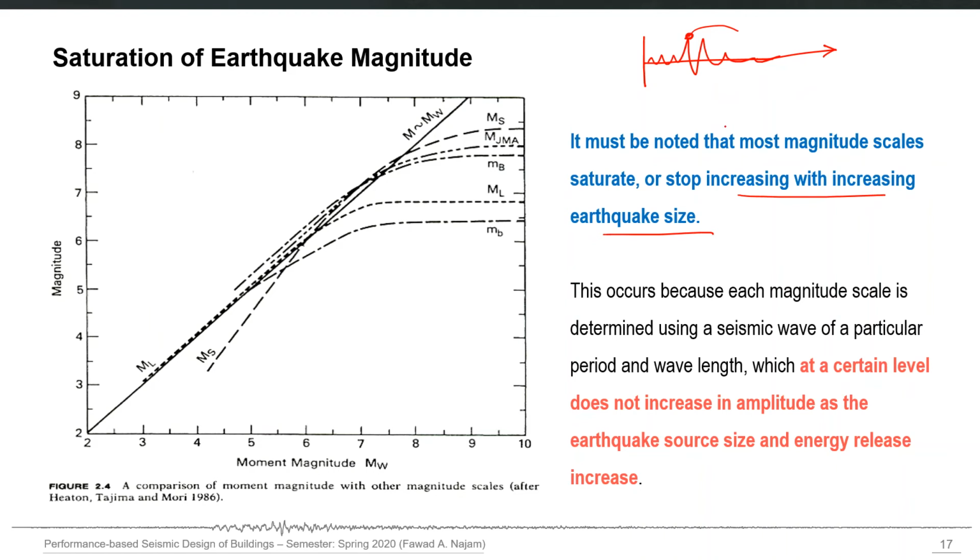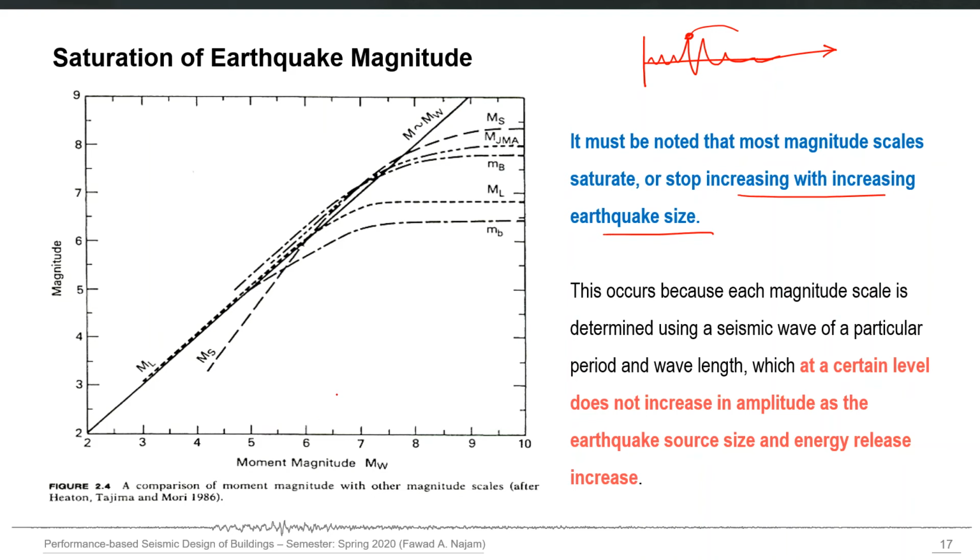So as the earthquake source size and energy release increase, the amplitude doesn't increase in the same proportion. So if we base our definition of earthquake magnitude on the instrumental recording, it will be enough only up to a certain level of earthquake, and beyond that the recording will not be able to give the actual, real size of an earthquake.